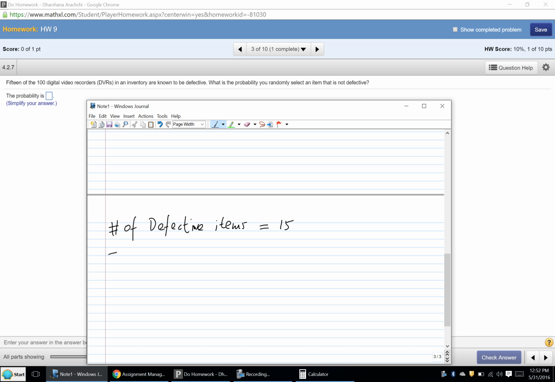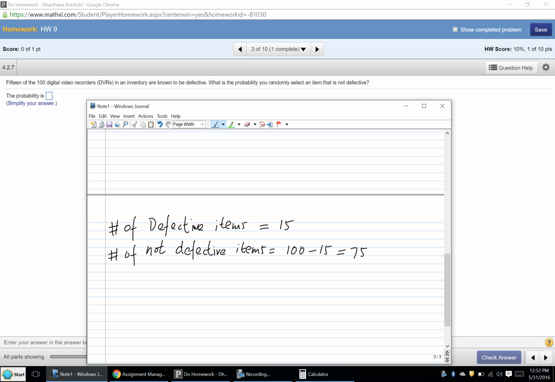So then what is the number of not defective items? We have 100 DVRs, so 15 are defective, so the non-defectives are 100 minus 15, which is 75.